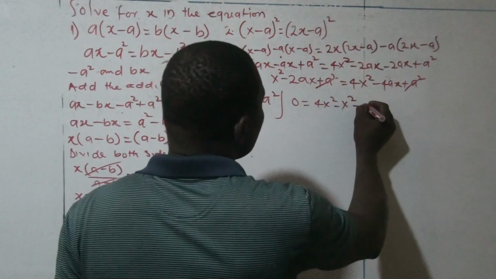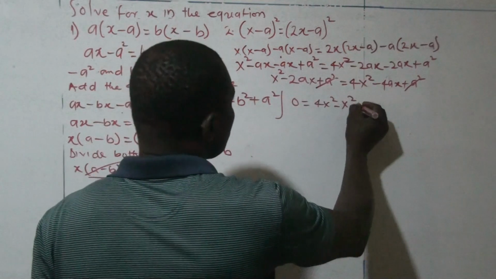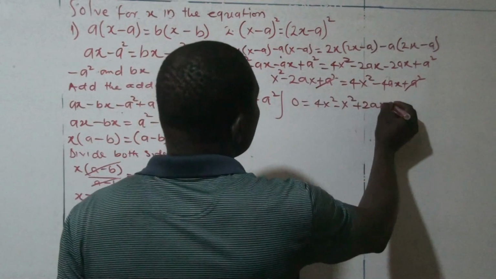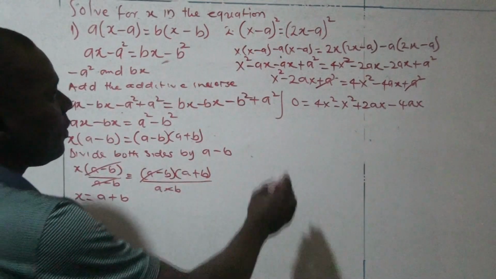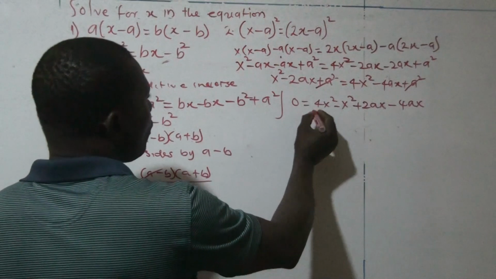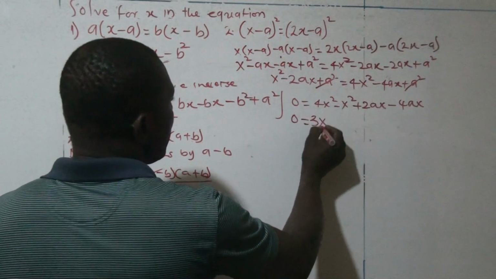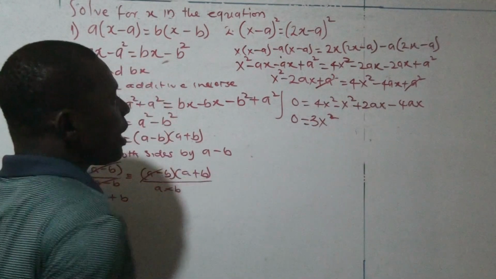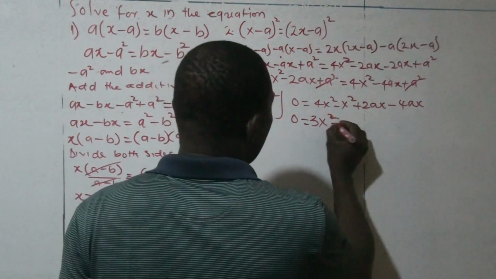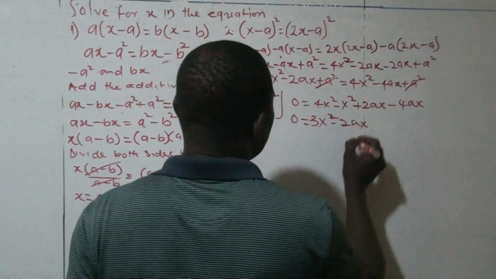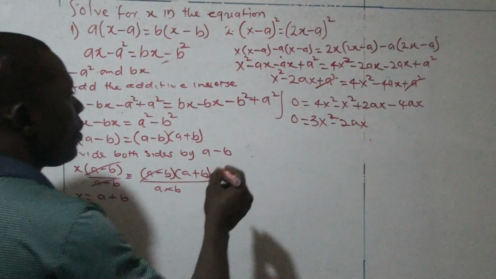Here we have minus 2ax, moving this way becomes plus 2ax. So 4x squared minus x squared will give 3x squared. Then 2ax minus 4ax will give us a negative answer, which becomes minus 2ax. Here we can see this question is a typical quadratic in nature.